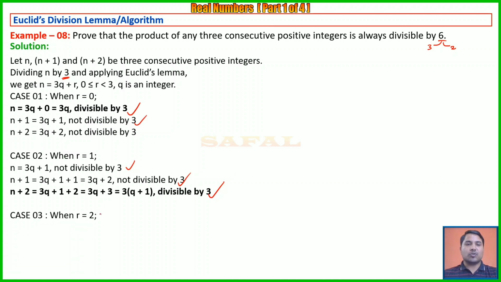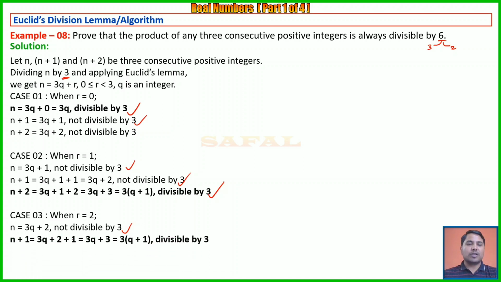Taking the third case, when r is 2. So when r is 2, the first number will be 3q plus 2, which is not divisible by 3. When we take up n plus 1, so 3q plus 2 plus 1, that is 3q plus 3, 3 times of q plus 1, that means this is divisible by 3.